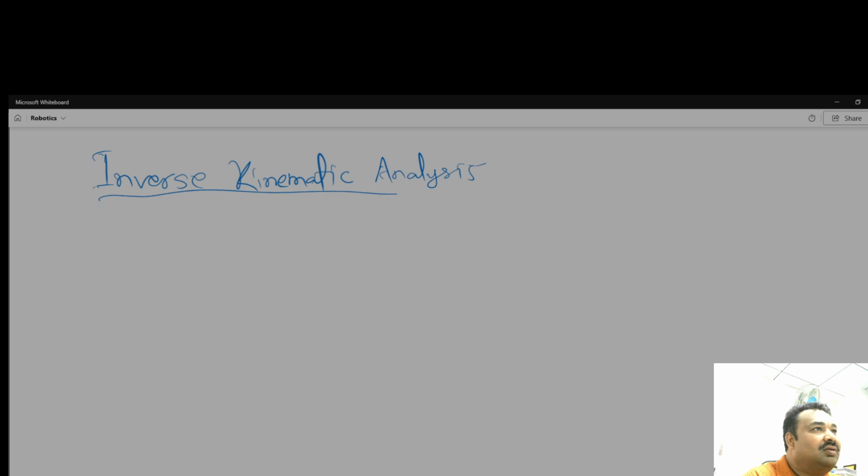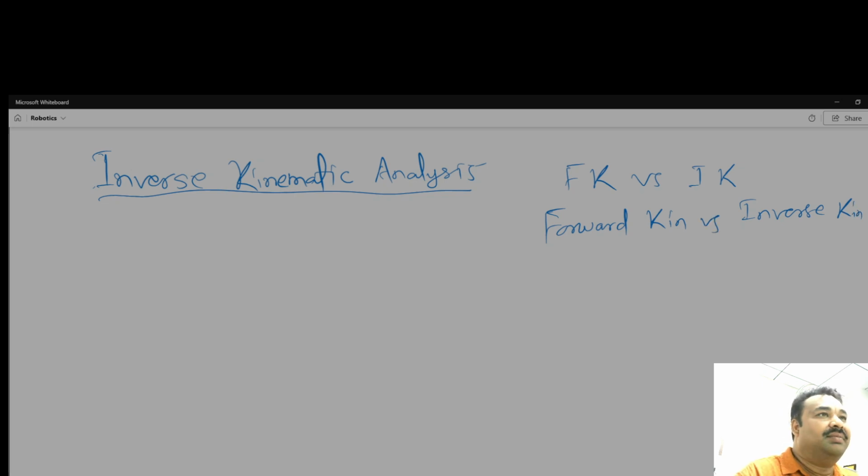Before that, we know the forward kinematics versus inverse kinematics. In forward kinematics, for the given joint angles, what are the Cartesian coordinates?